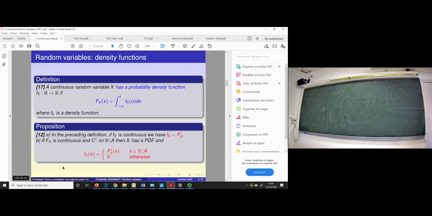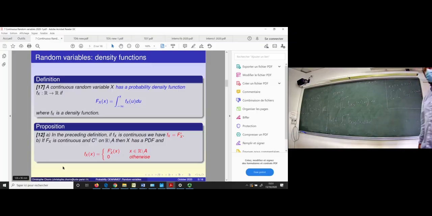You have a result that tells you that when you have an increasing family of sets, the limit of the probabilities is the probability of the union. And it's this result that you are going to use to prove that, in fact, I can replace y by plus infinity, just taking the limit of this term when y goes to plus infinity.